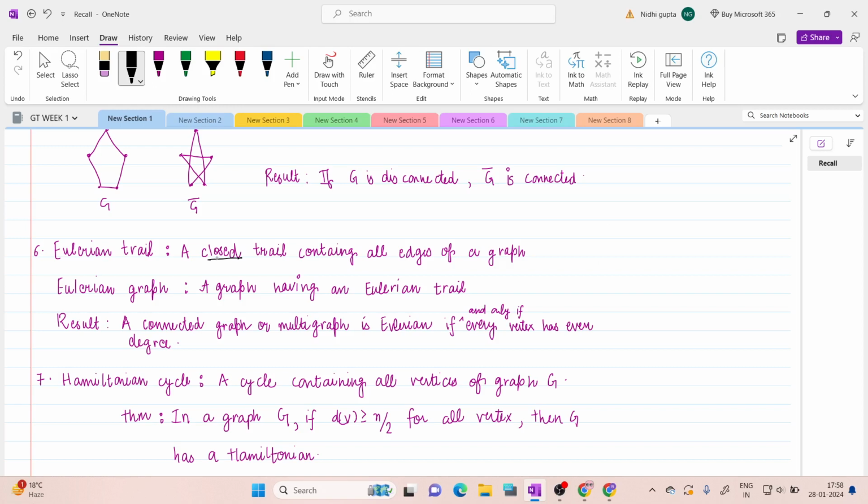If we look at this G, a very simple graph with vertices A, B, C, D, E, we see that A E D C B A is an Eulerian trail, and A E D is a trail.